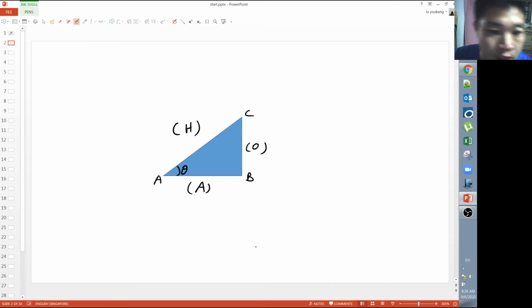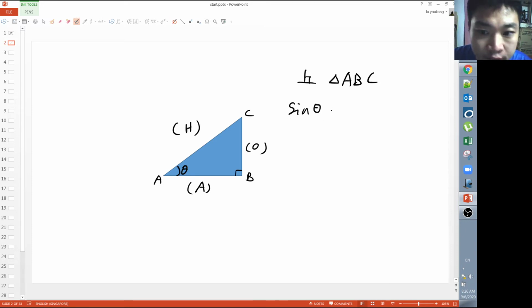All right, by the way, this has to be a right angle triangle. Okay, so it has to be a right angle triangle before you can start to use the following rules. Okay, so for right angle triangle ABC over here, you can actually use the following rules.